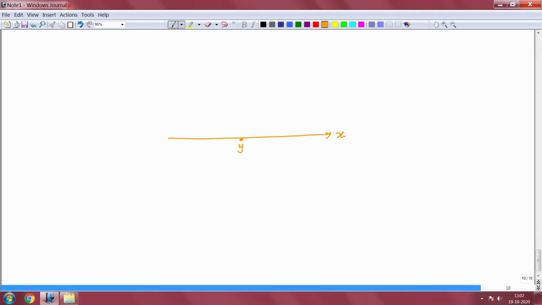So, you take a positive t and fix it. Again you look at the D'Alembert's formula. This goes there, this goes here. So, this is y minus ct, y plus ct.